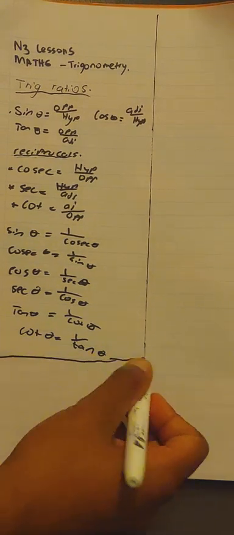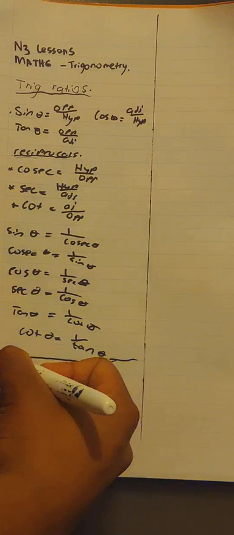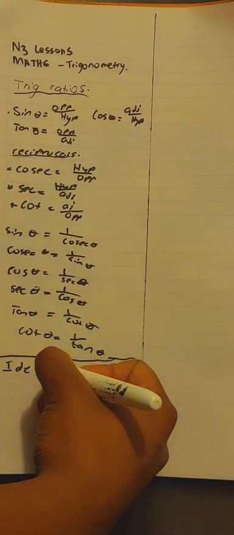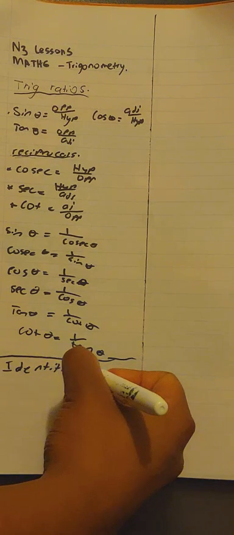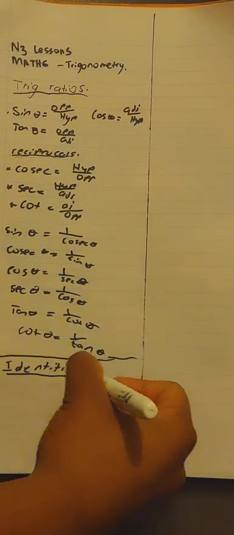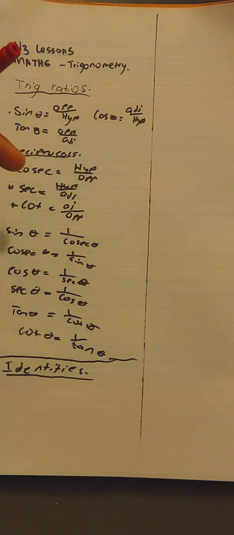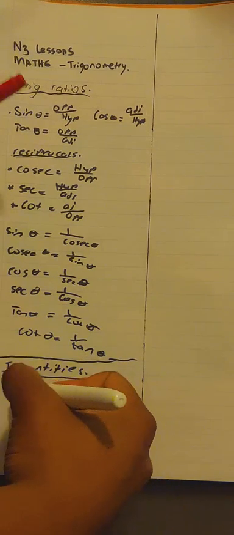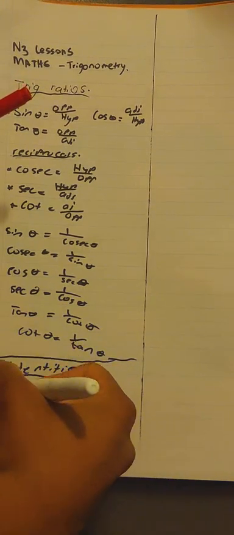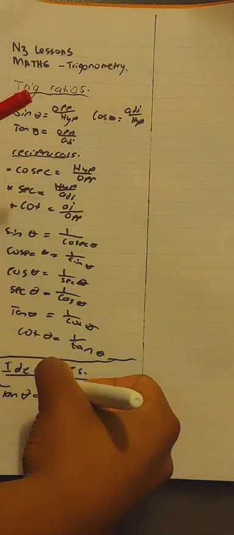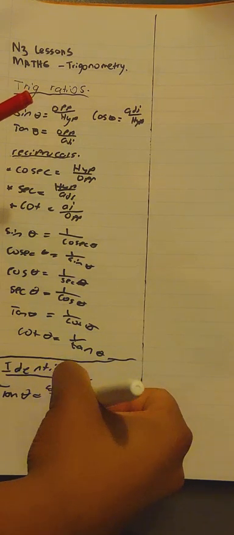We have some things that we call identities. So here on identities, guys, I'm not gonna prove anything. I'm just gonna show the formulas. The first formula is tan theta is equal to sine theta over cos theta.